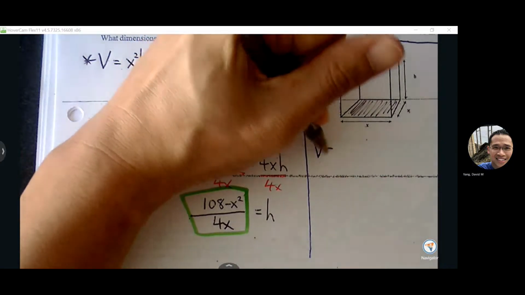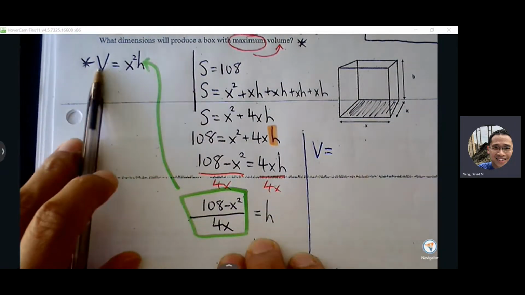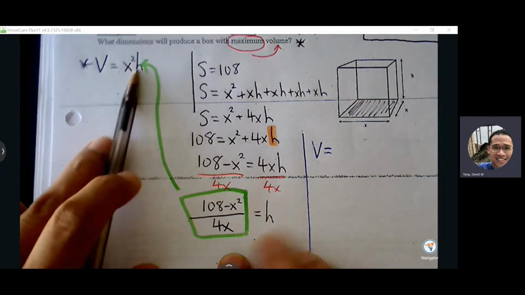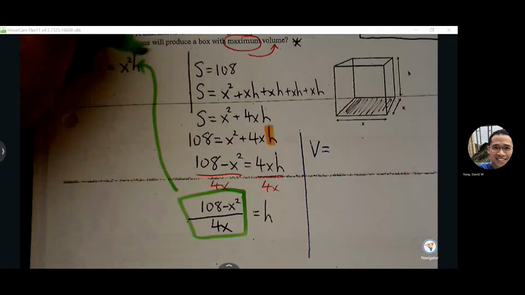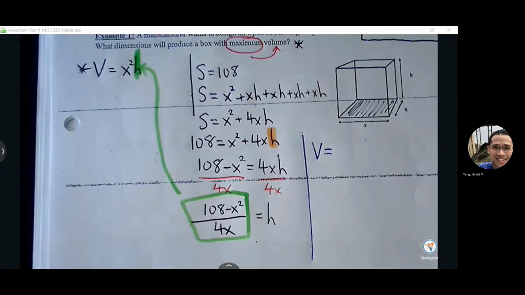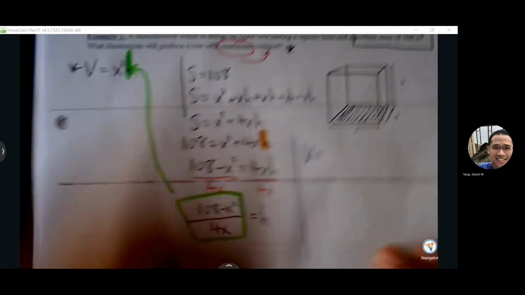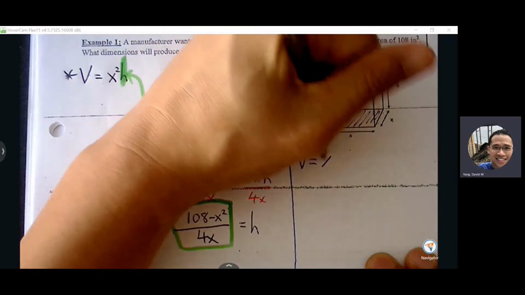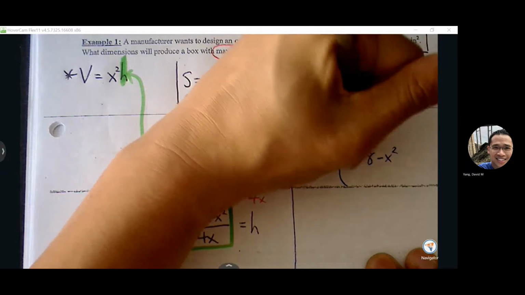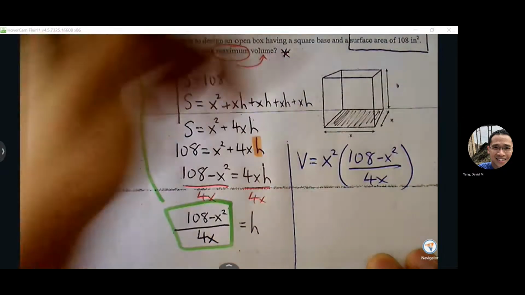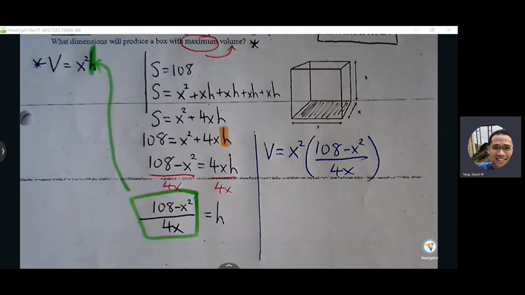Okay, I'm going to write that over here. So V is equal to x squared times this entire expression. At least we're down to one variable, so we're making progress, but we do need to get it to the point where we can eventually find the derivative.